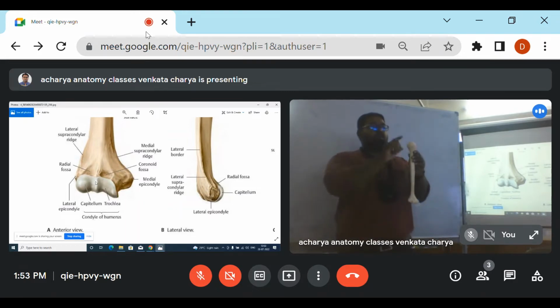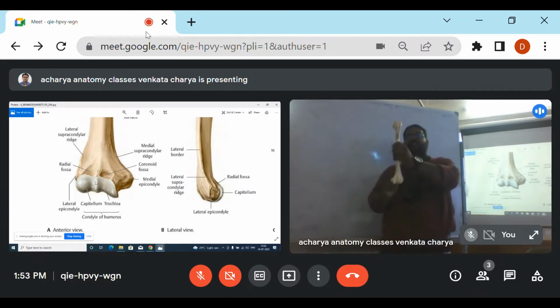See here, this one is the head, the intertubercular groove or sulcus, and this one is the olecranon fossa, which is present posteriorly. The round articular facet is the capitulum, and the pulley-shaped articular facet is the trochlea.